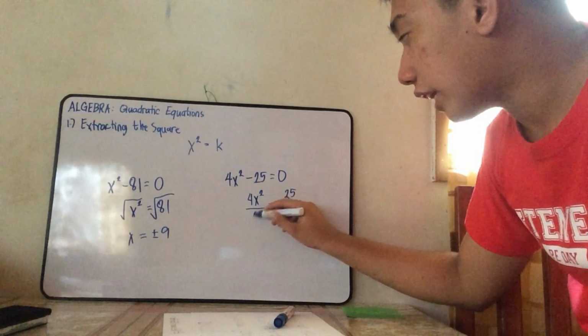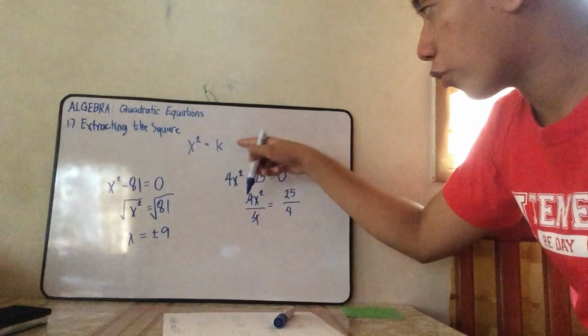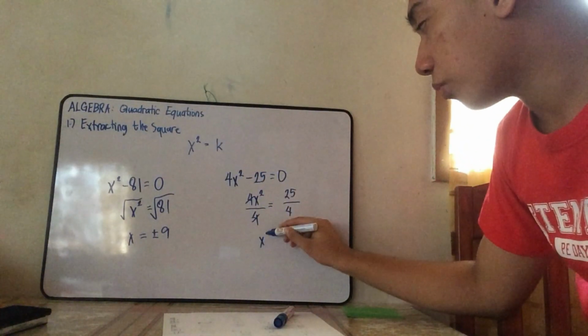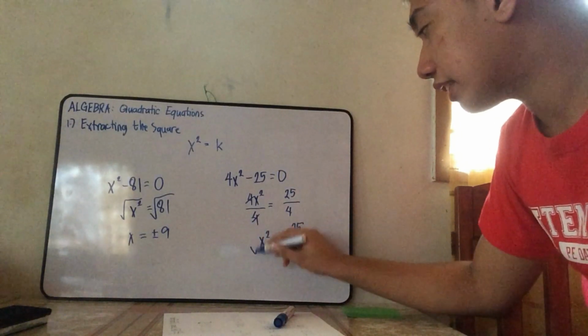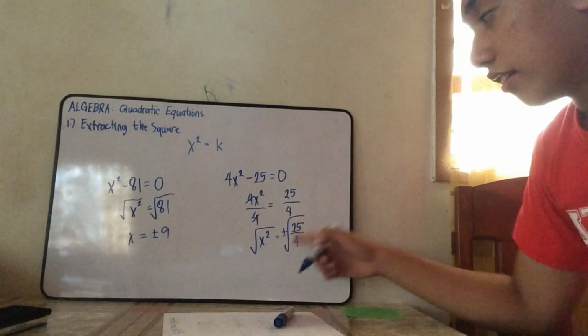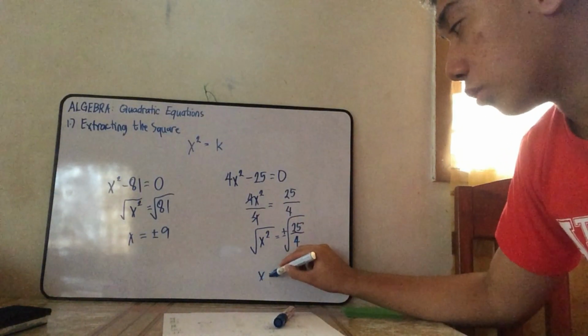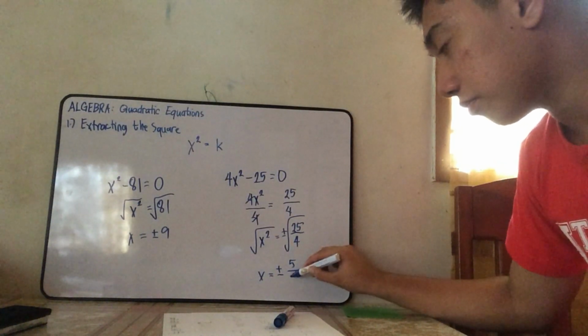We divide both sides by 4. Why? Because we need to transform it. Okay? So, x squared is equal to 25 over 4 and we extract the square root. I usually apply the plus minus there. Then, x should be equal to plus minus 5 halves.